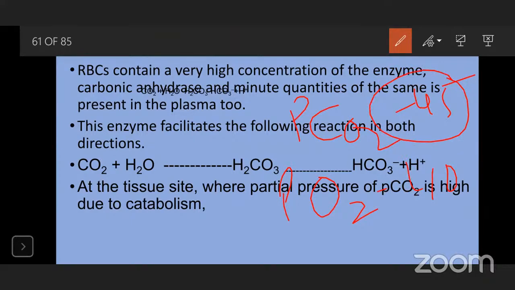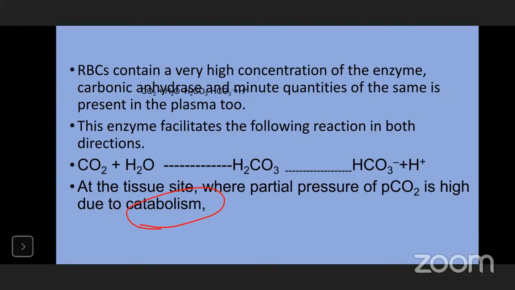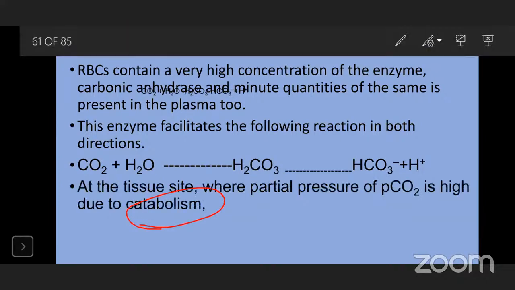So this carbon dioxide will combine with the water, and why is it high? Because of the catabolism, that is due to the respiration process. Due to the respiration process, glucose is broken down into carbon dioxide and water, and that process is known as catabolism, and because of that, the CO2 is high at the tissue level.